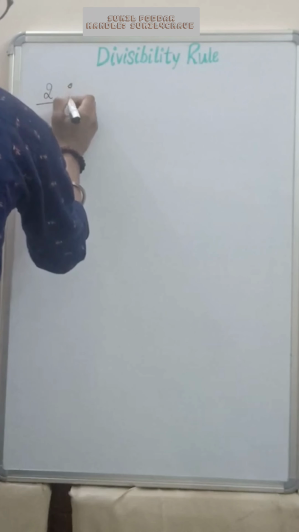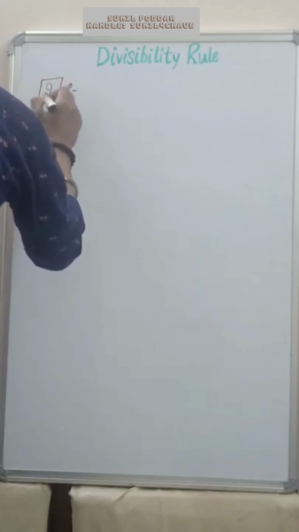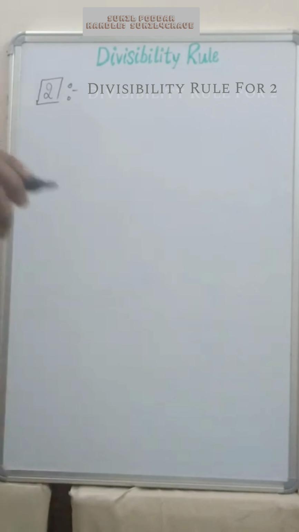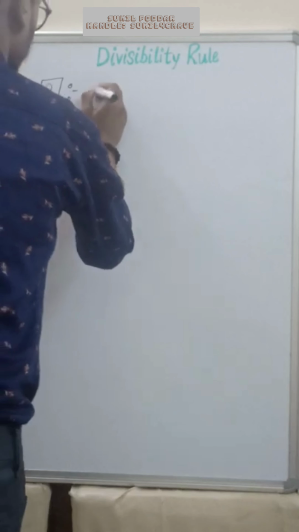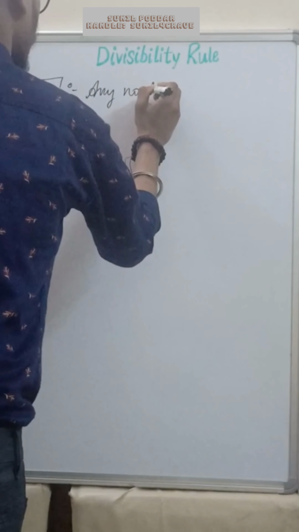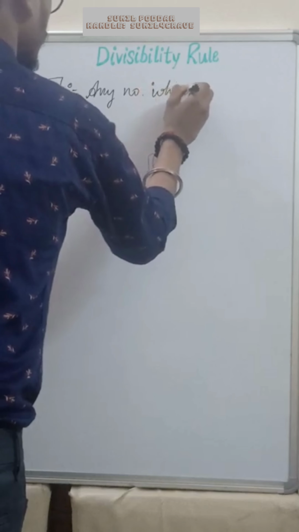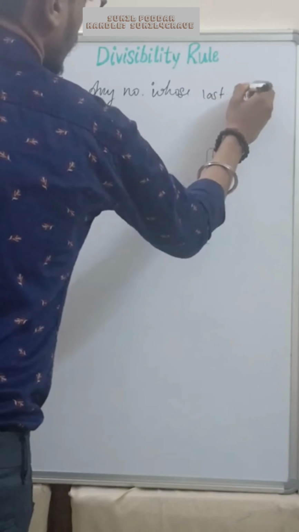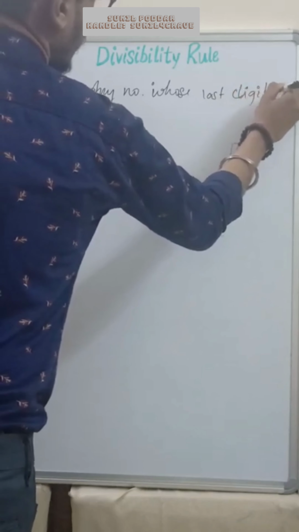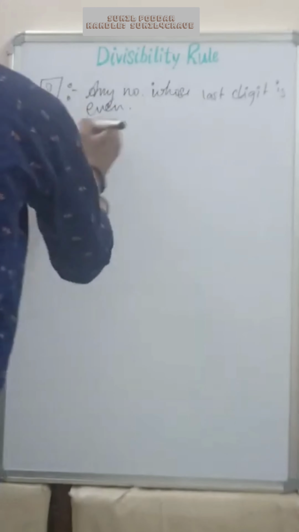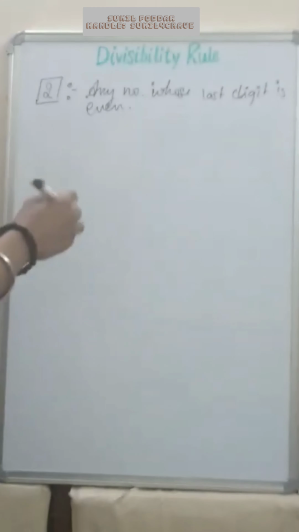Divisibility rule by 2. Any number whose last digit is an even number is divisible by 2.